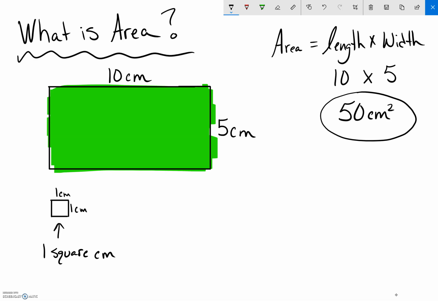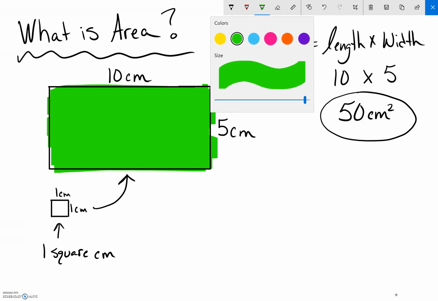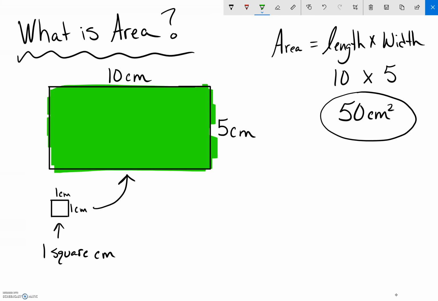And so if this rectangle is truly 50 square centimeters, then 50 of these little boxes here, theoretically 50 of these, should fit over the top of this green rectangle. So I'm going to pause the video, I'm going to break it up for you, and I'm going to prove that, and then we're going to talk about why we would use area.